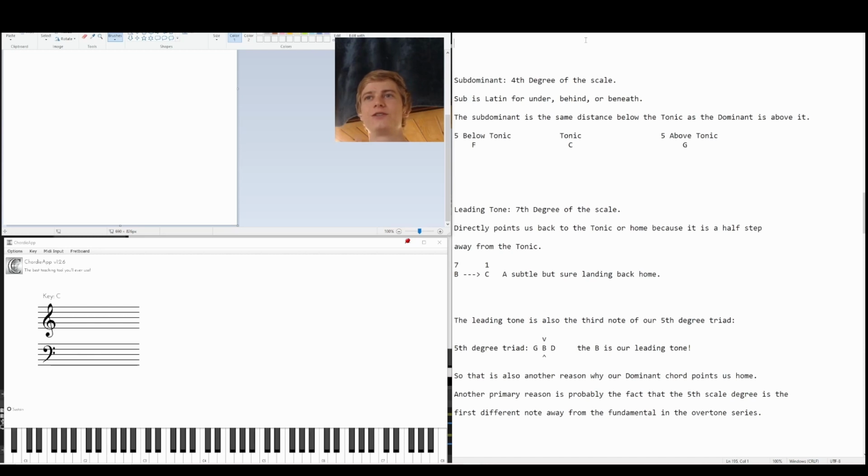Okay, the next one. Subdominant is the 4th degree of the scale. Sub is Latin for under, behind, or beneath, and this makes a lot of sense because the subdominant is the same distance below the tonic as the dominant is above it.